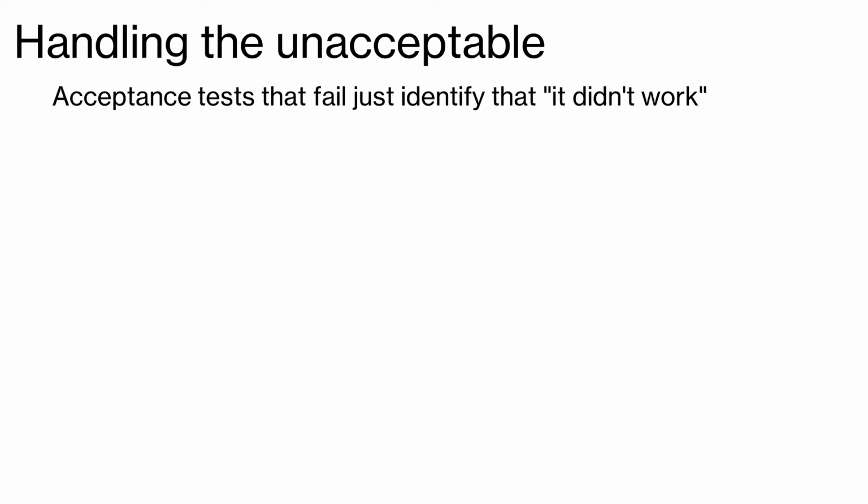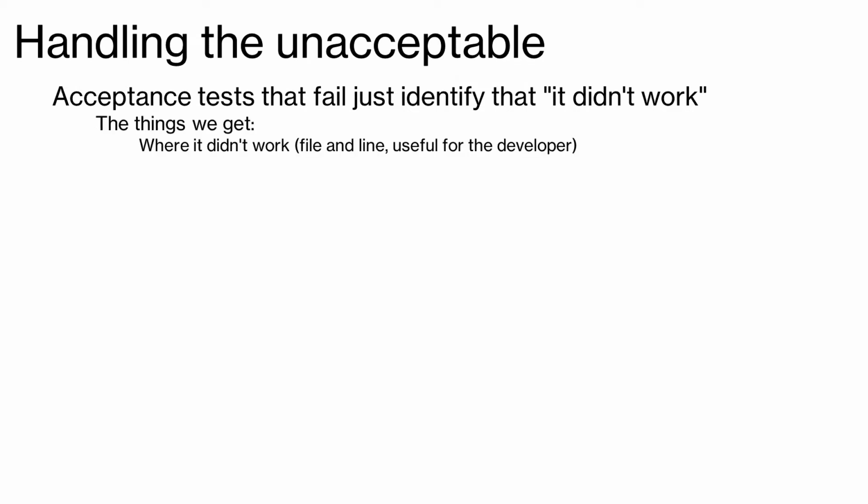Handling. How do we handle the unacceptable? So what do we do when the assert triggers, or what do we do when the if triggers? That's the question. In traditional error detection, it identifies exactly what goes wrong, but the acceptance test just identifies that something had not gone right. It gives us where it didn't work, which is useful for the developer: a file and a line count and so on.